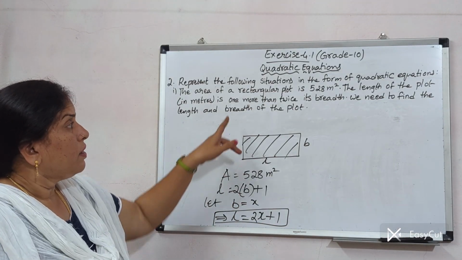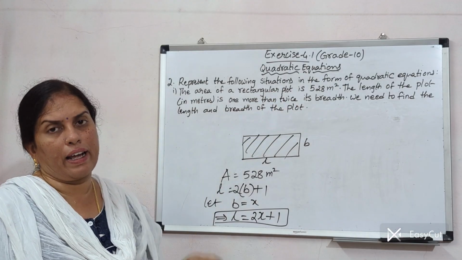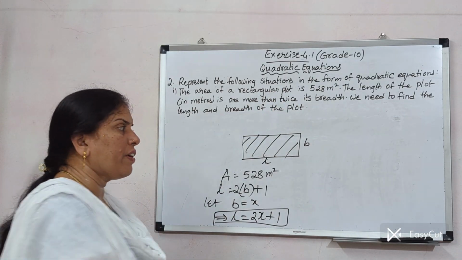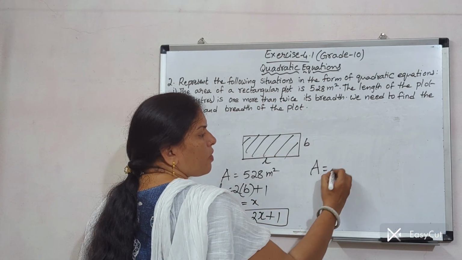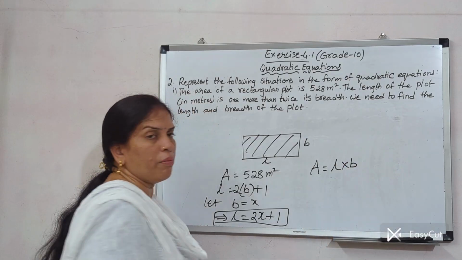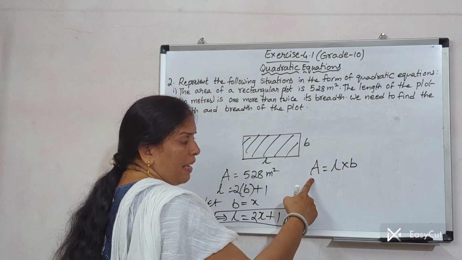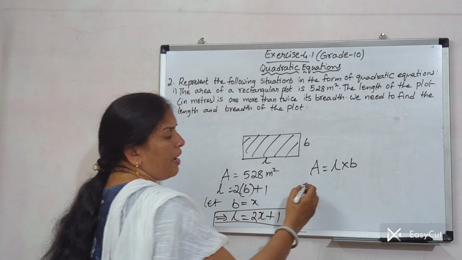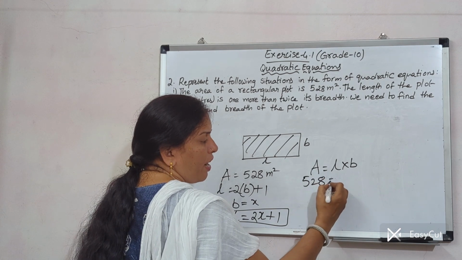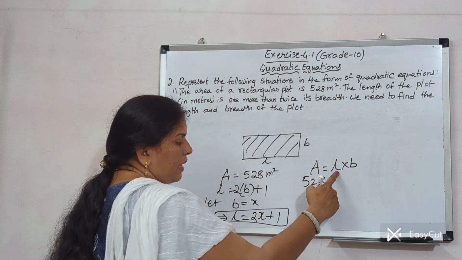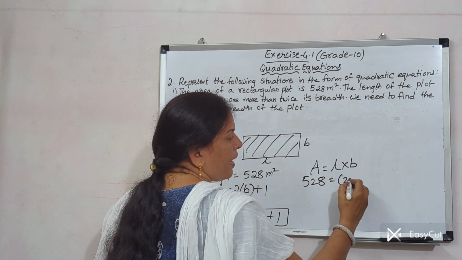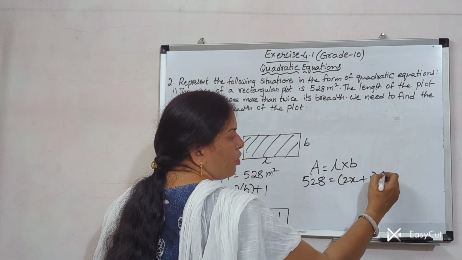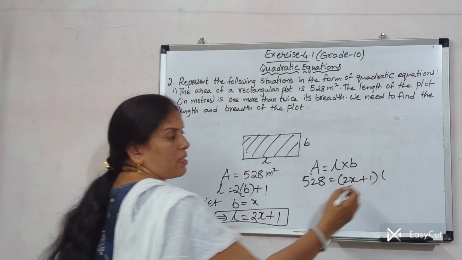Okay. Then they told us to find the area of a rectangle. What is the formula for the area of a rectangle? A is equal to L into B. A means how much? In the question they gave A is equal to 528. L means how much? 2x plus 1. B means how much? x.